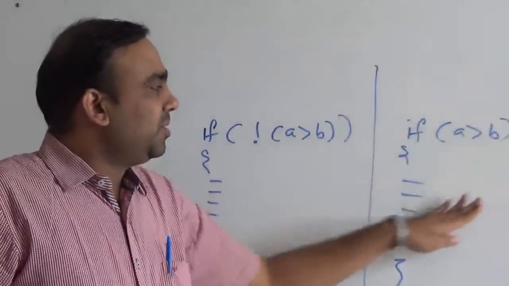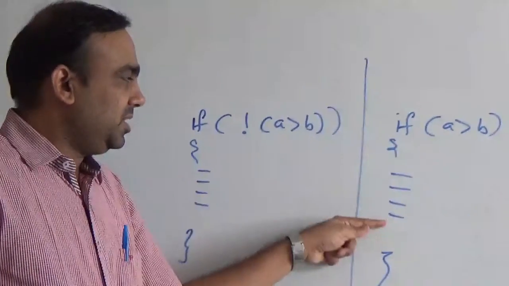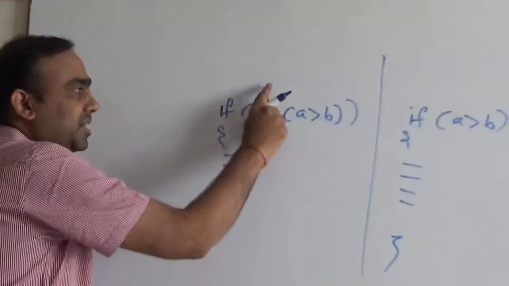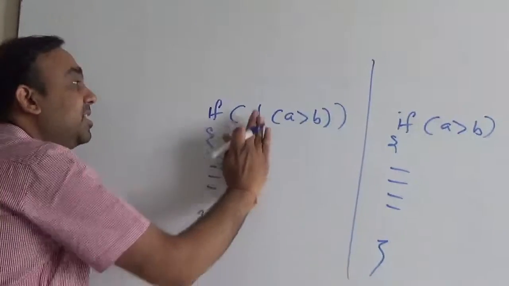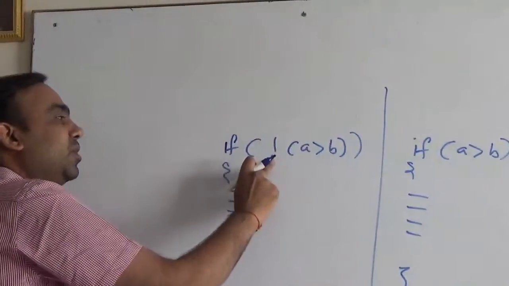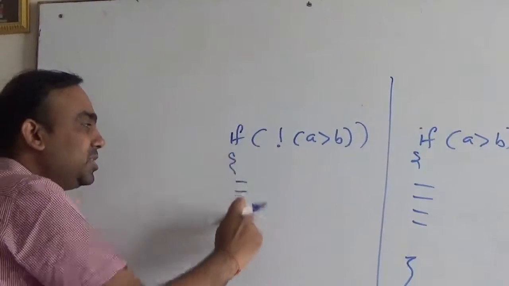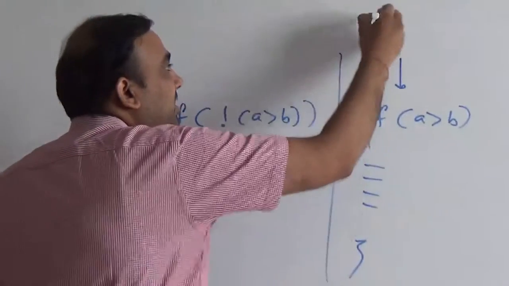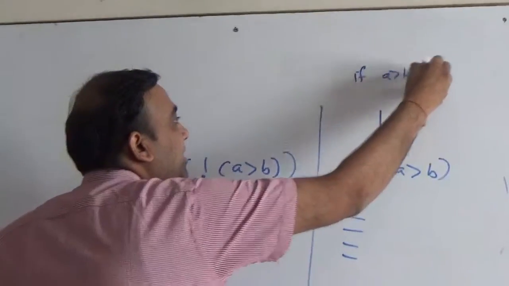How will this work? If this condition is true, this will run. Now in this case, since you have given a not operator here, this code will run if this condition is false; if this is false, then the not operation will make it true, and then this will run. So here this code runs if A greater than B is true.